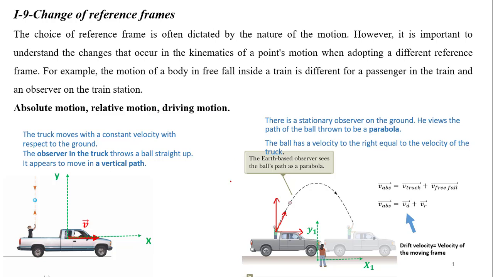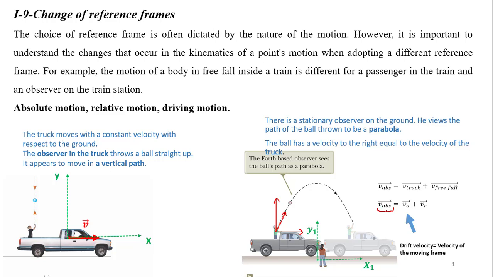Let's check this motion. For the observer on the ground, the ball will go upward and also to the right, so the velocity of the ball can be written as follows.